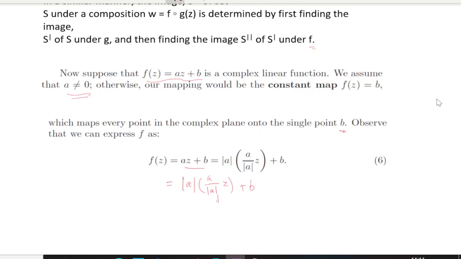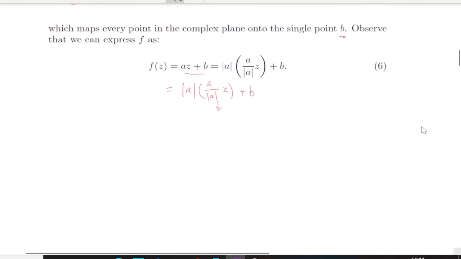First we consider the quantity in the bracket. Inside the bracket, suppose I denote it as g(z), so g(z) = (a/|a|) z. Now what about the modulus of this quantity?